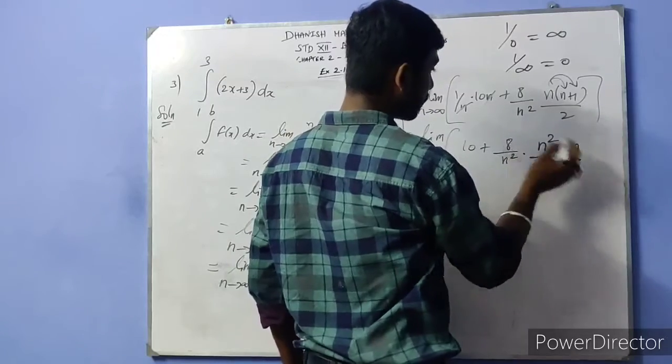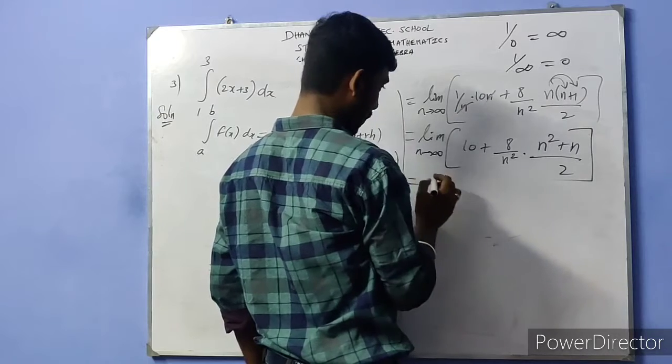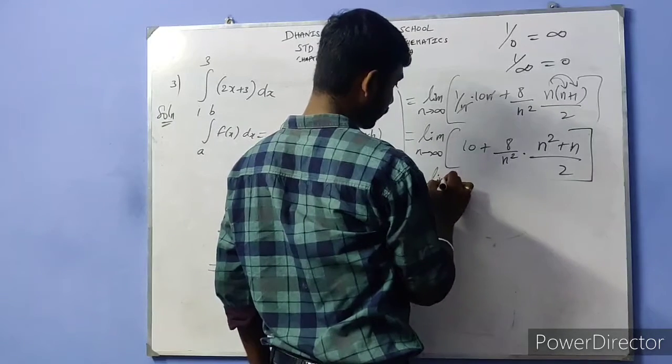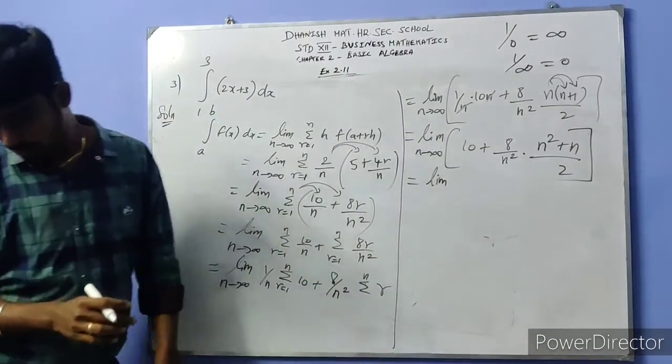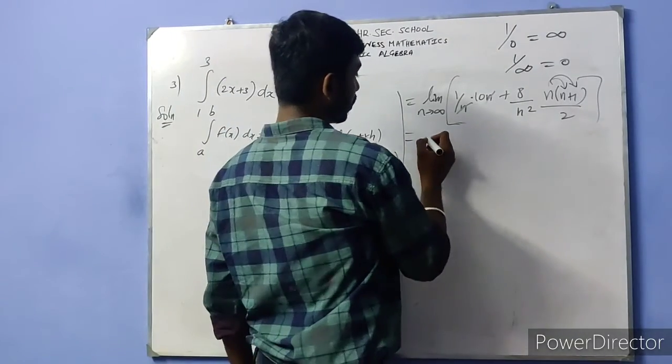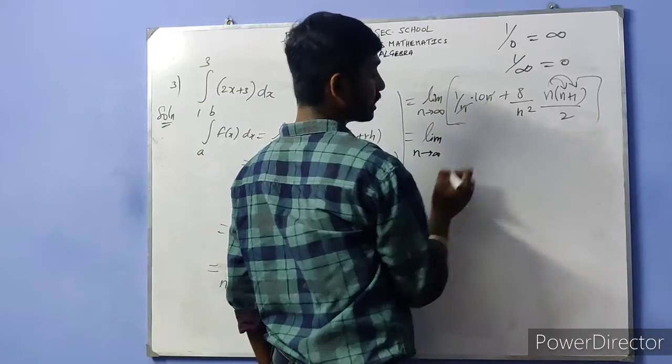Now we are going to multiply this one. Now written here, limit n tends to infinity. Now cancelling this n here.